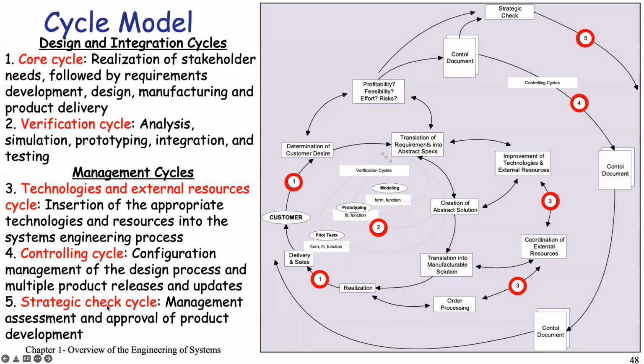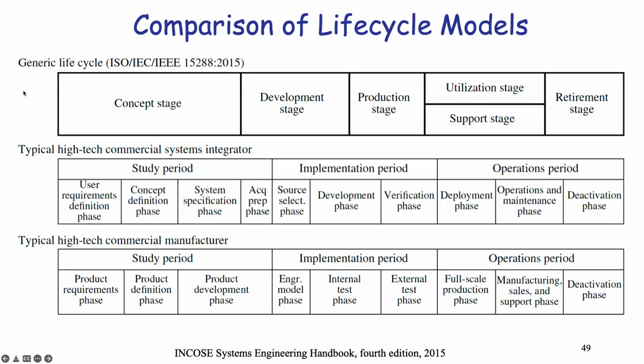And then we have the strategic check cycle. So you have management, constant monitoring of the product development to see if there's anything missing that maybe needs to be revised and reported. So that's just another example of a way that you can be thinking about it.